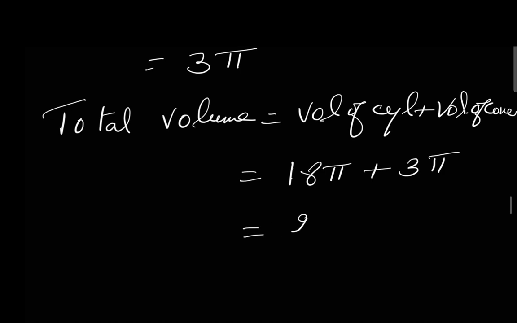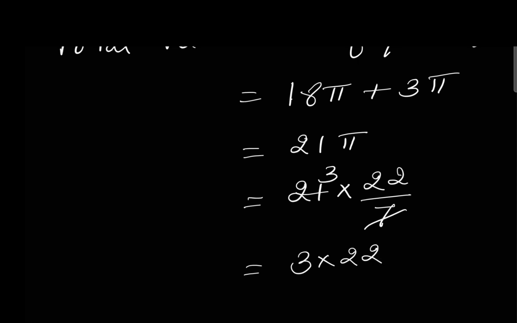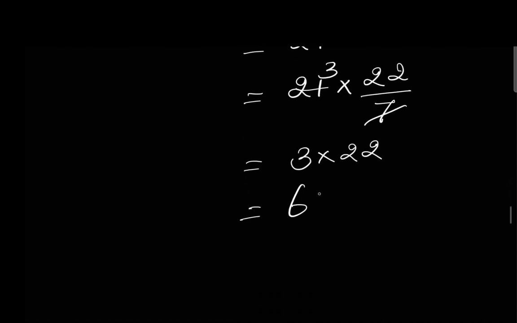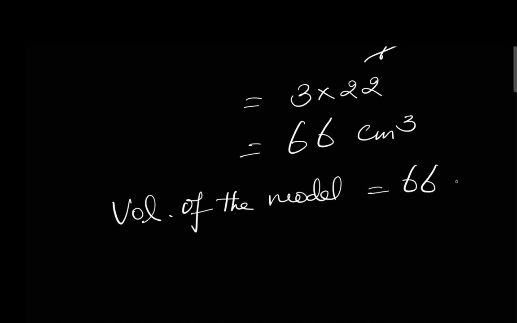So how much will you get? 21 pi. So 21 into pi value, which is 22 by 7. 7 here goes 3 times. So 3 into 22, that is equal to 66 centimeter cube. So the volume of the model, it's a model, so the volume of the model is equal to 66 centimeter cube. Thank you.